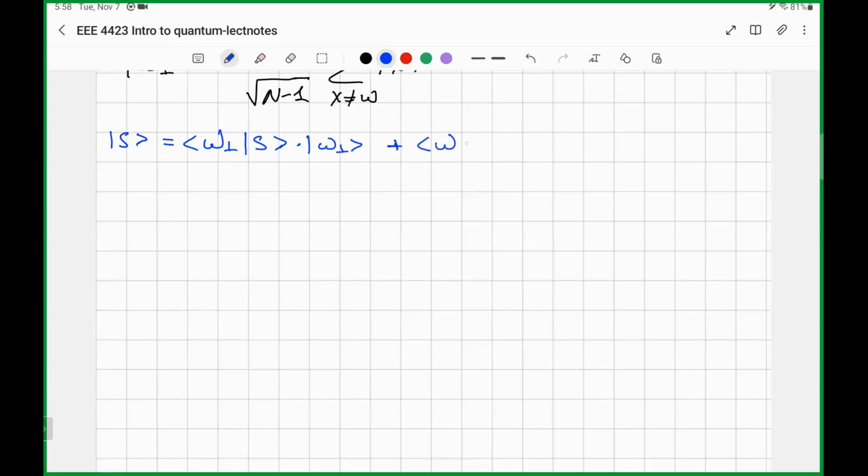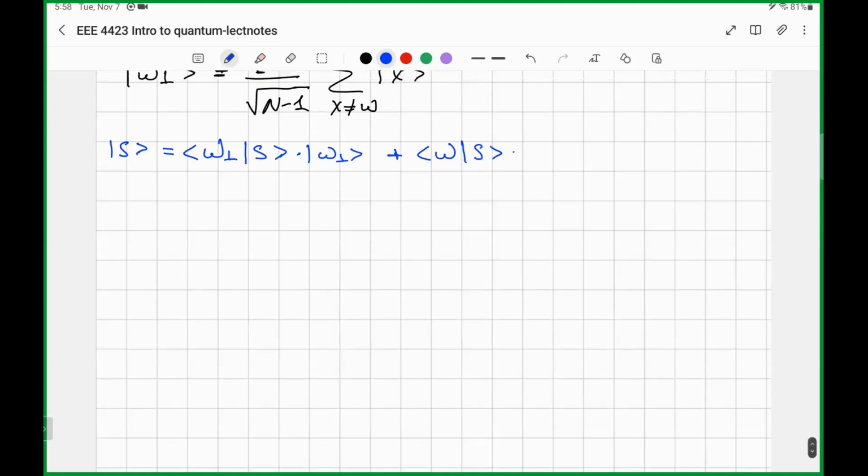So it's going to be a projection of S on the vector omega times vector omega. Okay, so it's just a representation of the vector through its projections on the orthogonal vectors omega and omega orthogonal.